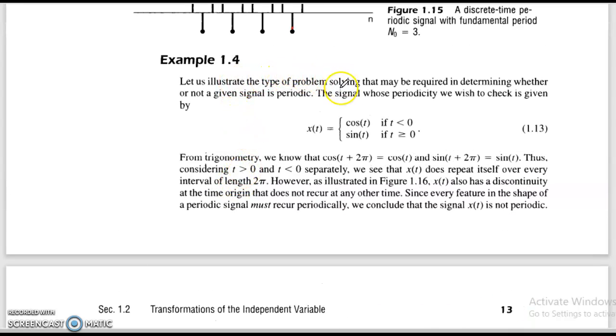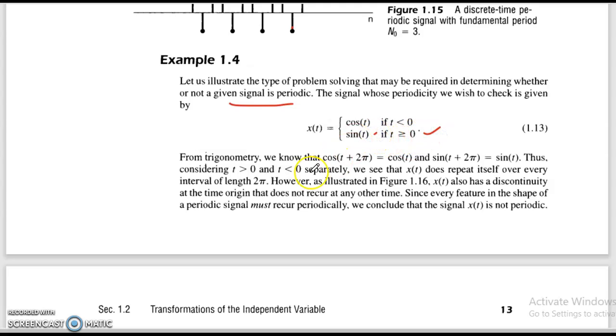Let us illustrate the problem of determining whether or not a given signal is periodic. We have to check whether it is periodic or not periodic. The signal whose periodicity we wish to check is given by x of t equal to cos t if t is less than 0, and sin t if t is equal to or greater than 0.